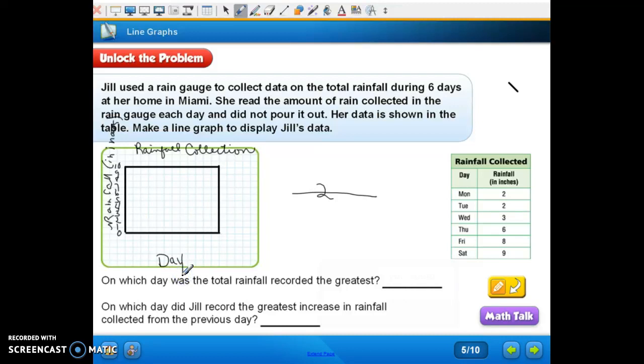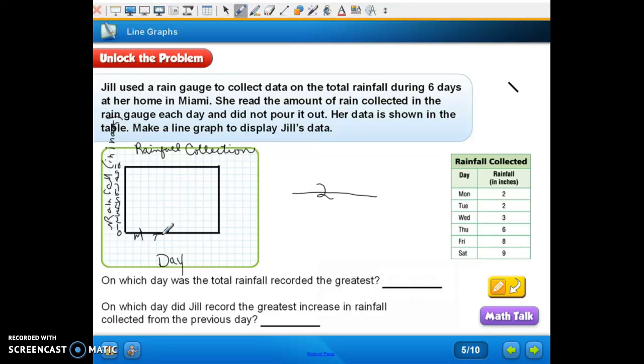And the second line over is going to be Monday. And you need to put M-O-N. I don't have room for that. And then so that's this line right here. Okay. You're going to go over 2 and you're going to put Tuesday. So I'm going to put a T right across that line.